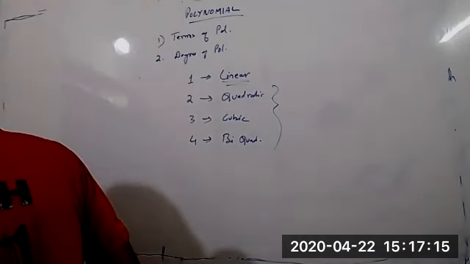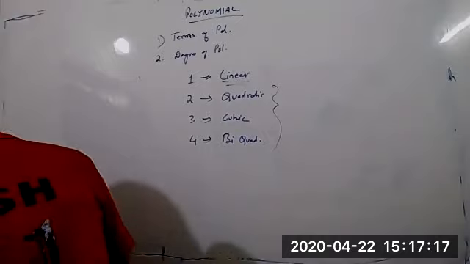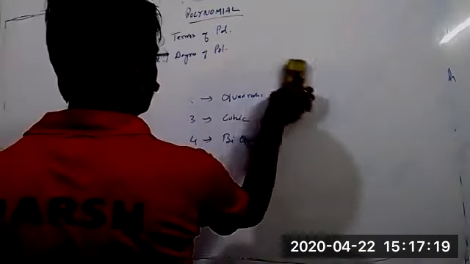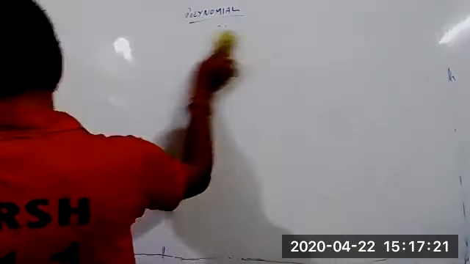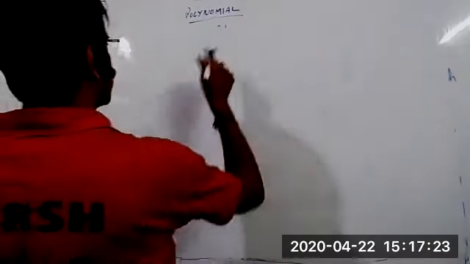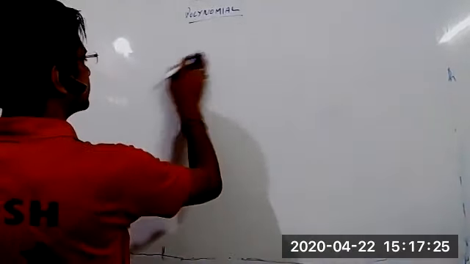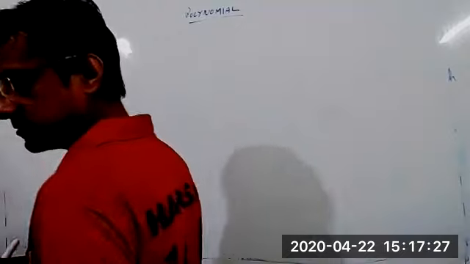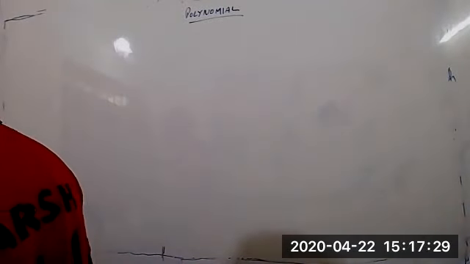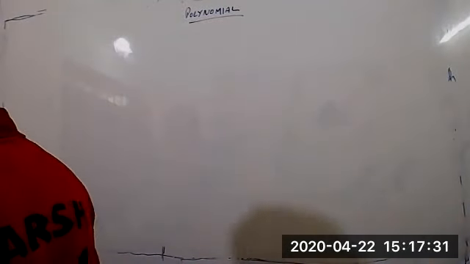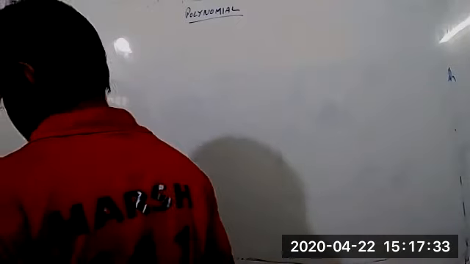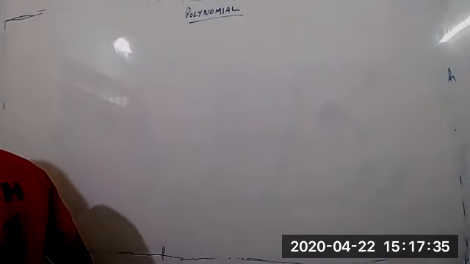Now, next thing is value of polynomials. If the degree of polynomial is more than 4, we can say polynomial, polynomials you can say, for degree also.